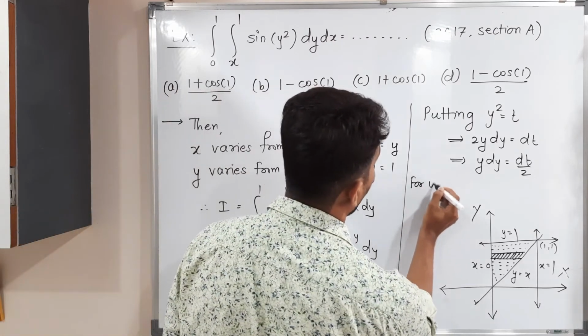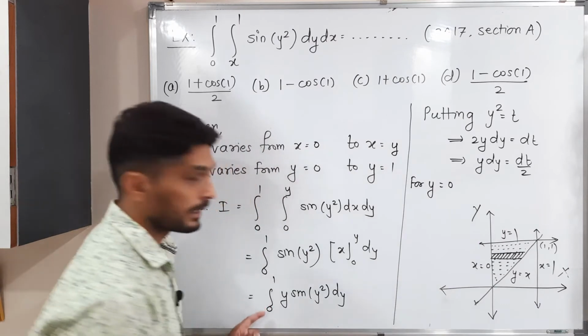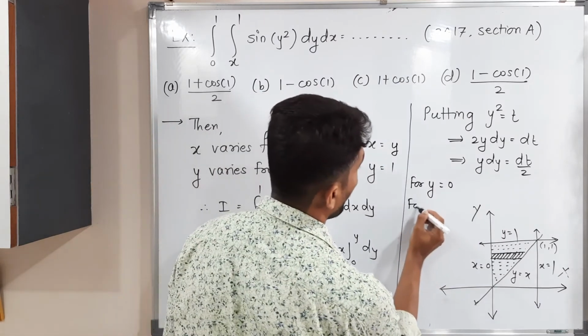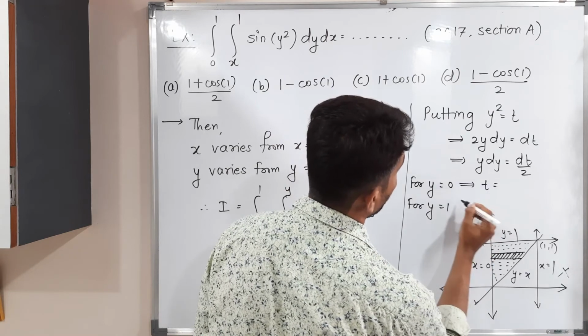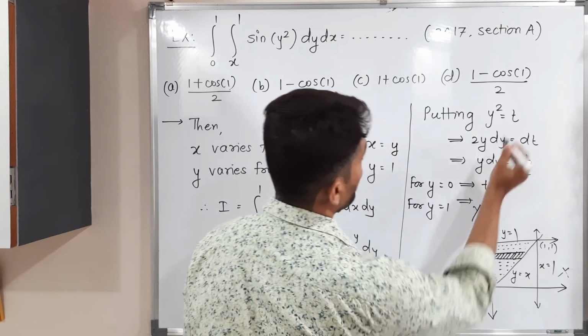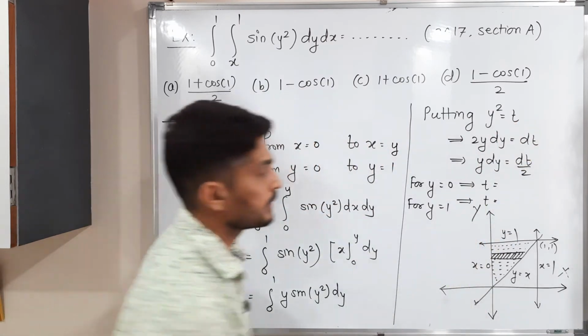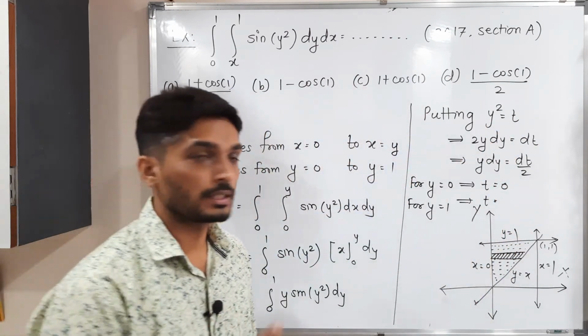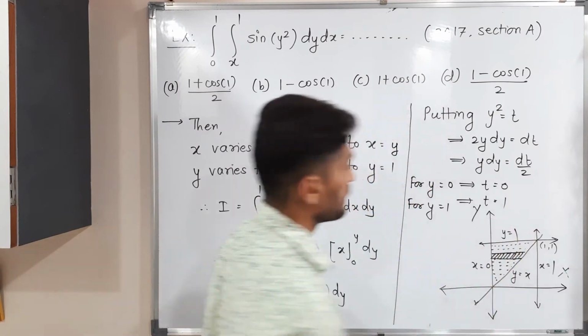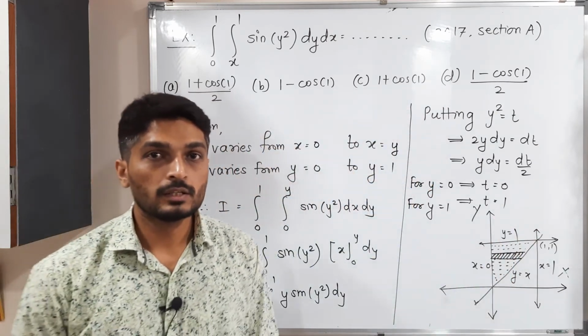For y equal to 0, the lower limit, and for y equal to 1, the upper limit, let us find the values of t. If I put y equal to 0, we will have t equal to 0. And if I put y equal to 1, we will have t equal to 1 square, which is 1 obviously. So we have got the new limits.